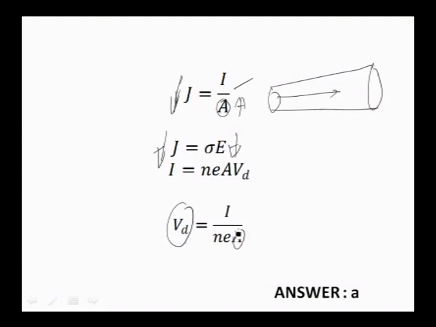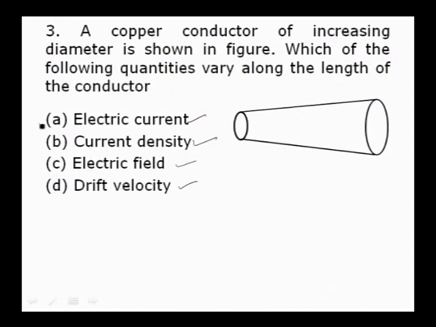Drift velocity and area are inversely related. If area increases, this value decreases. So, therefore, all the 3 parameters, current density, electric field and drift velocity, vary, but current in a conductor remains the same. Therefore, the correct answer for this question is A, that is electric current. This is the correct answer.